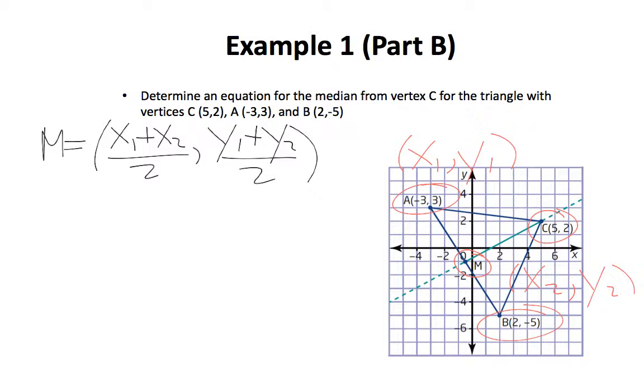Our next step is to substitute in our known values. I know that x1 is negative 3, and x2 is positive 2. I also know that y1 is positive 3, and y2 is negative 5.